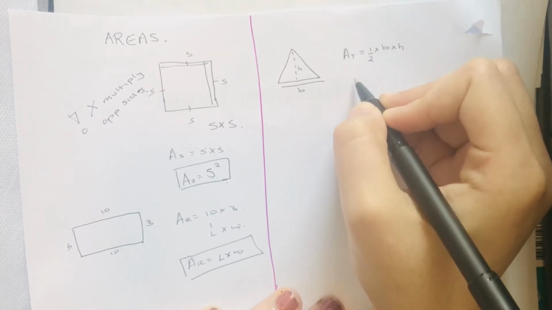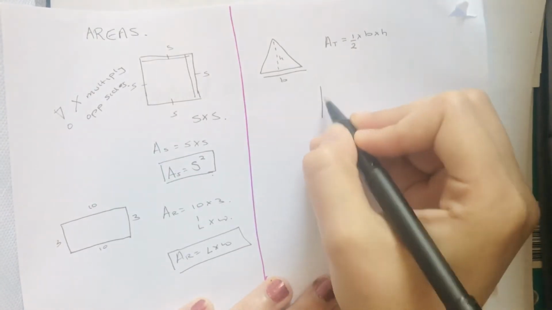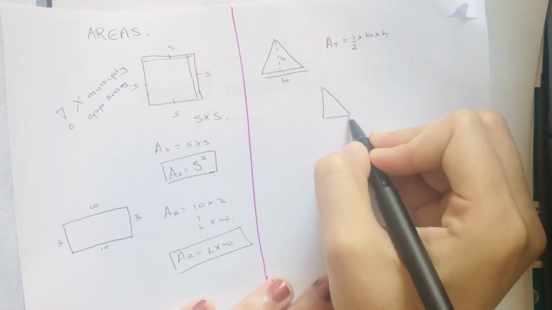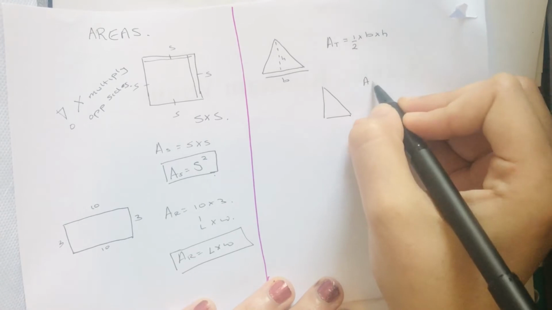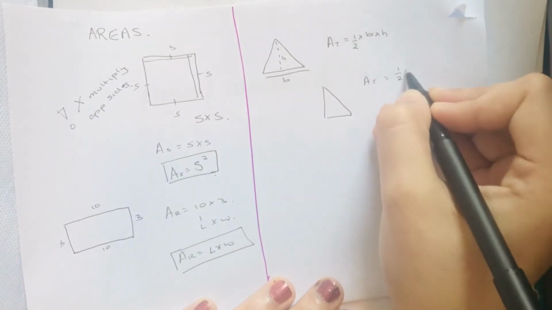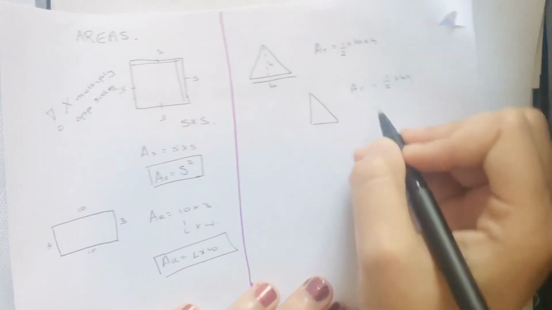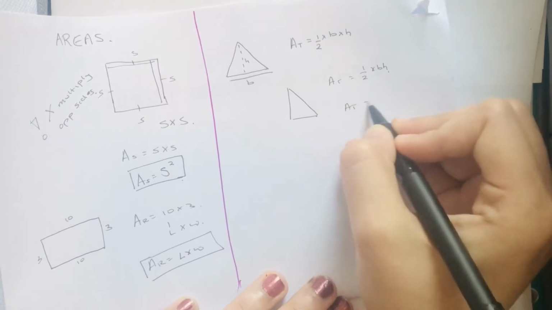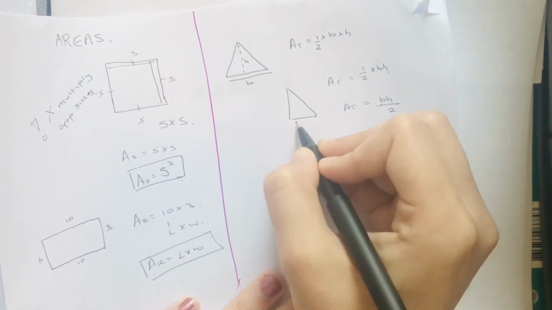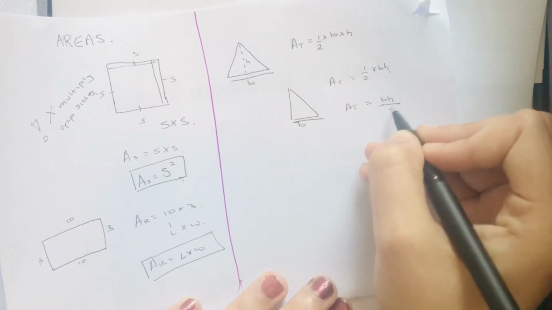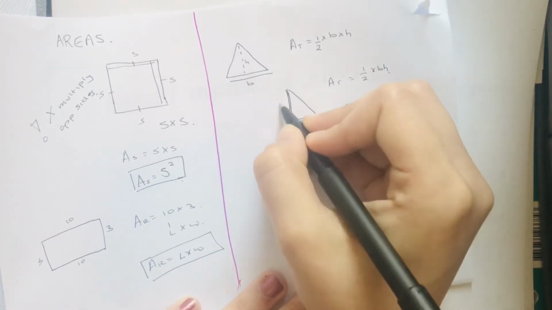Okay, because if you have a triangle like this and you have a triangle like this, the area will still be the same. Half times base times height. It can also be written as BH over 2. As long as you know that B is for the base, the down part, and H is for the height, which is right here. Okay?